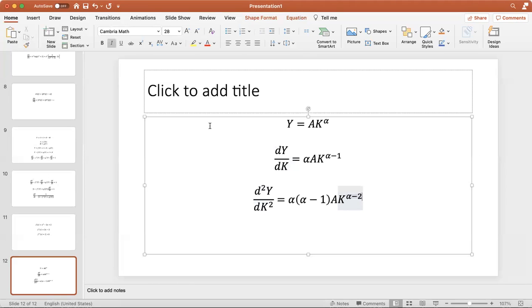Okay. Now, here's the thing. Since alpha is between 0 and 1, this bracketed term will be negative. Alpha is positive, A is also positive, and k is assumed to be positive, so no matter what exponent you put there, k to that power is positive. Therefore, this entire expression will still be negative, and therefore this production function will be concave, right?